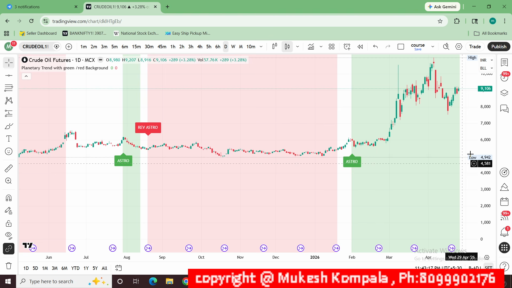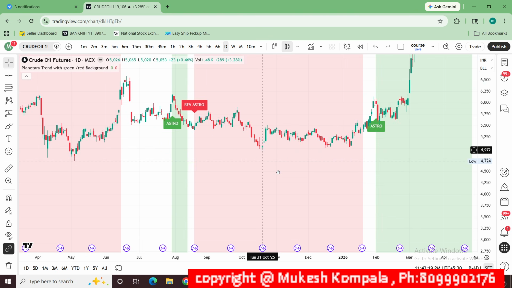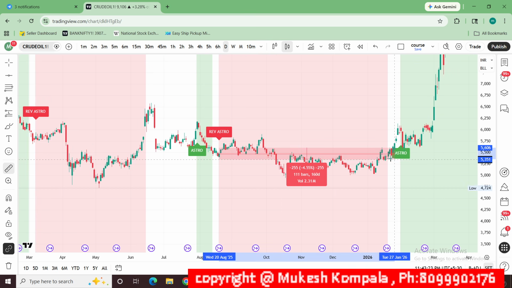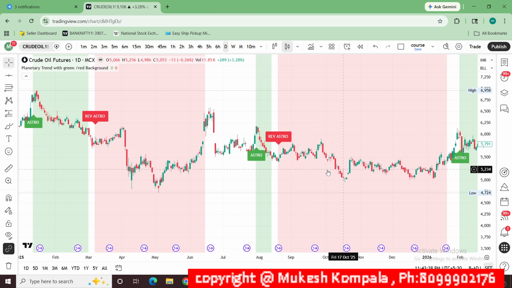If you go for the previous one, now this is the thing here: 153 points loss, or 2% loss. You can take it as a percentage, 2%, but the profit is 60%.